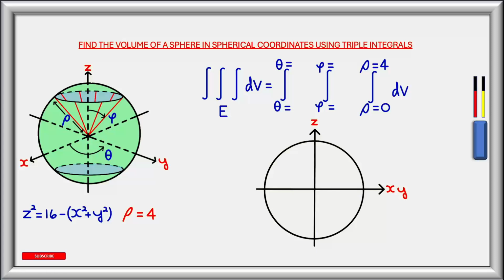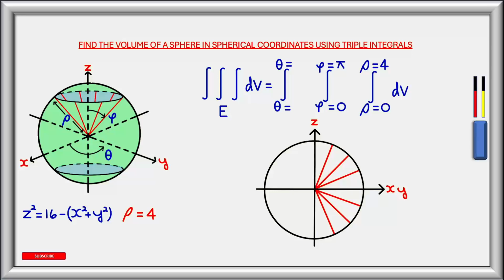In our example, the sphere extends above and below the xy plane, and so phi begins at 0 and ends at pi radians. And so the limits of integration are from phi equals 0 at the lower limit to the upper limit where phi equals pi radians.